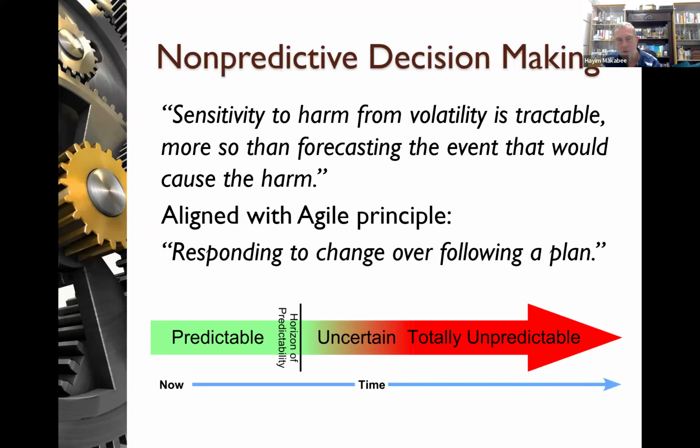In the field of decision making, everything that is close to us, that is near us in time, is more predictable. And everything that is far from us becomes less predictable, or more unpredictable.